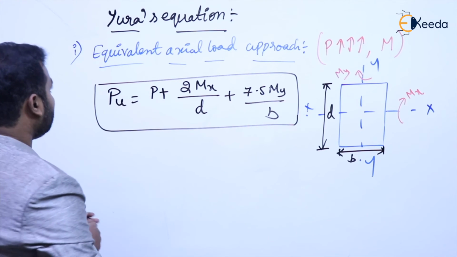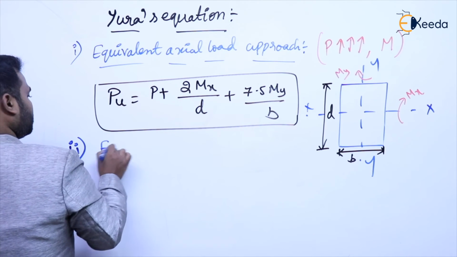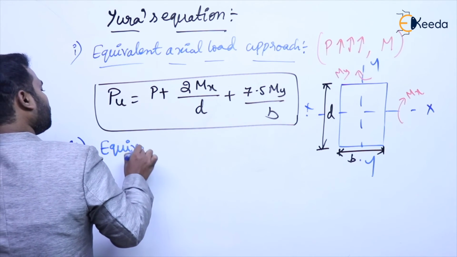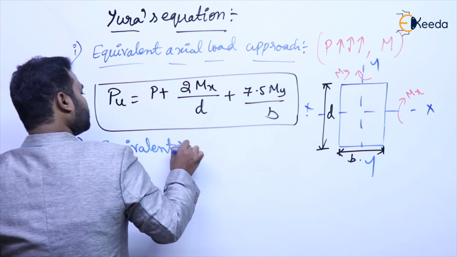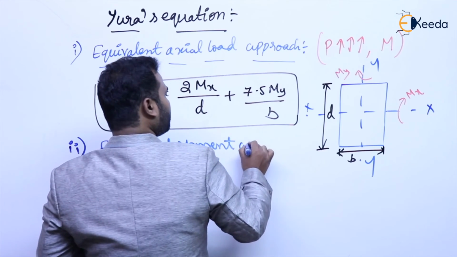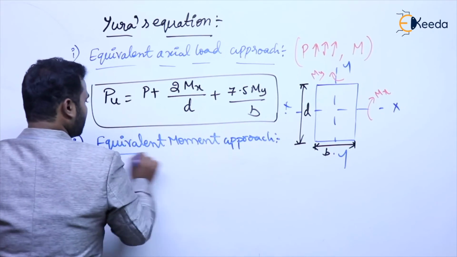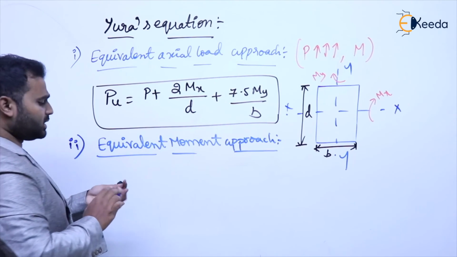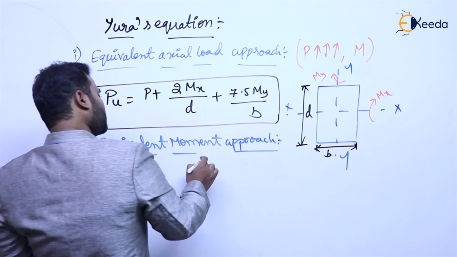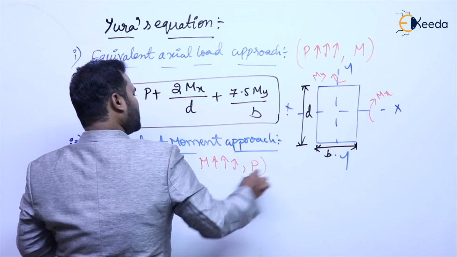Now the second approach is the equivalent moment approach. As the name indicates, we go for this approach if the moment is much more in comparison to the axial load.